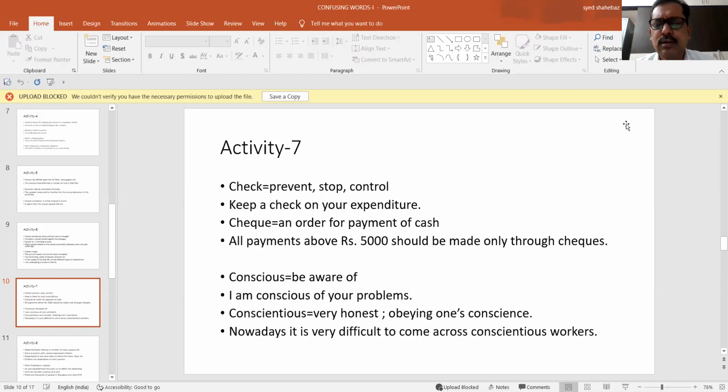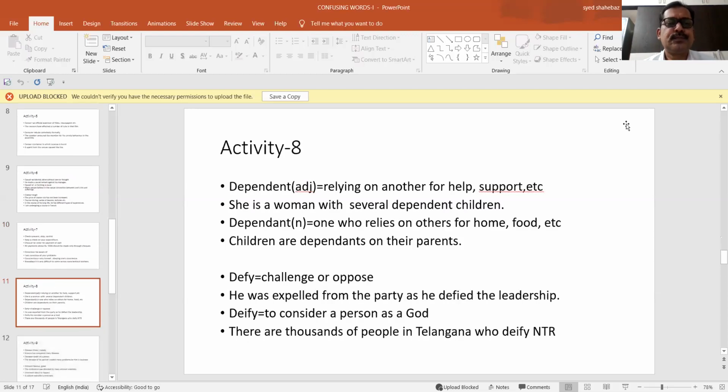Nowadays, it is very difficult to come across conscientious workers. Conscientious workers means responsible workers, honest workers, the workers who work for wages, who do justice to the wages they receive. That is called conscientious, very honest, upright, and listening to one's inner voice or conscience.